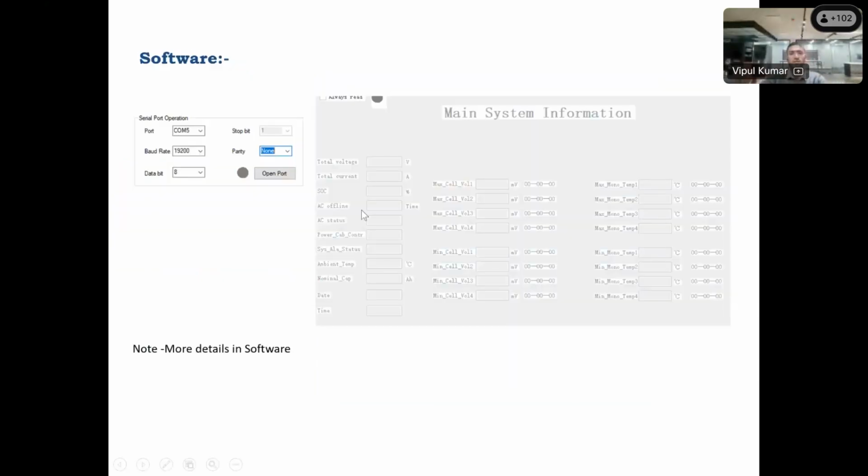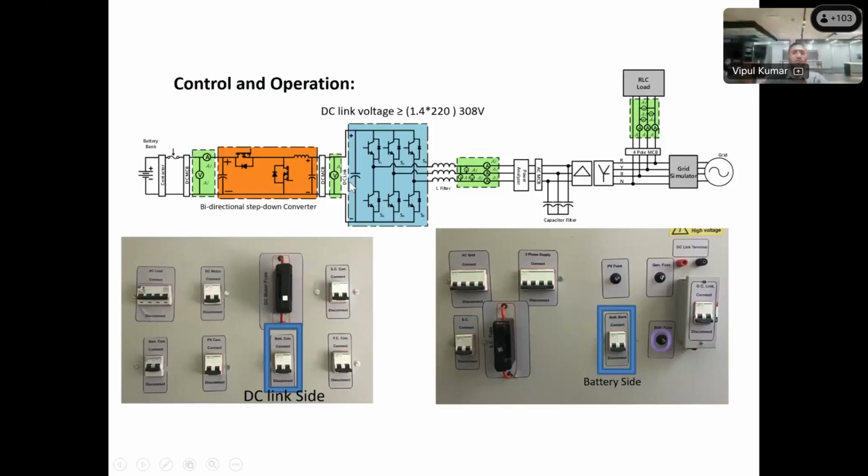So you can see there is max cell, cell maximum voltage, cell maximum temperature, total voltage, total current, SOC, SOH, everything we are getting in the PC. The main thing we want from the battery is SOC, and voltage. The control circuit diagram of the battery is the same as the supercapacitor.